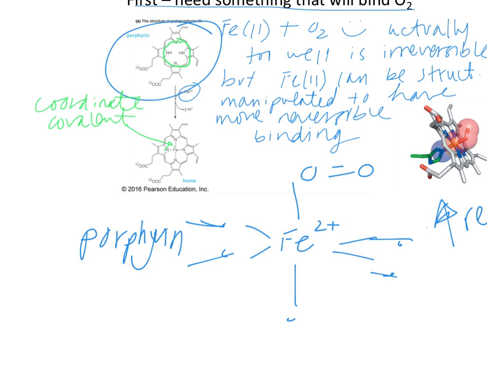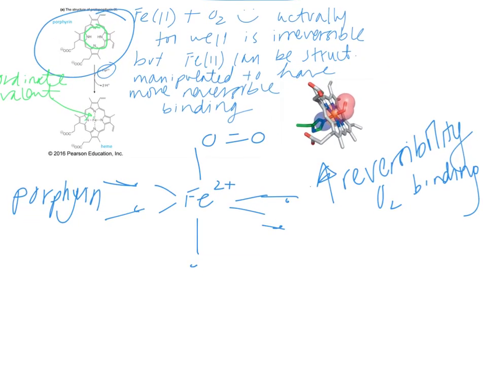Each nitrogen can take up 1, and we have 4 nitrogens, so that will tie up 4 of our 6 spots. So the porphyrin ring plus an iron is what we call a heme.